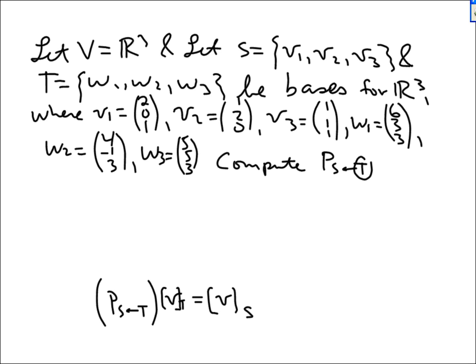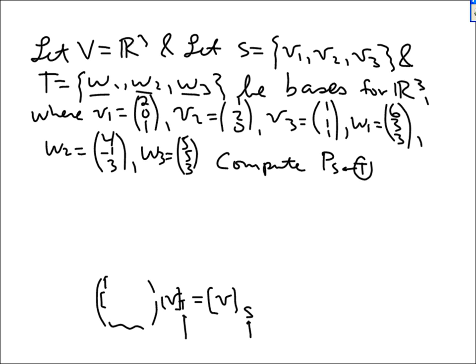So we want to find that matrix. The reason I wrote it down here is I want you to know if you're starting with basis T and you want to end up with basis S. So each column of this matrix, well, first we're going to take each vector in T, which are the W's.